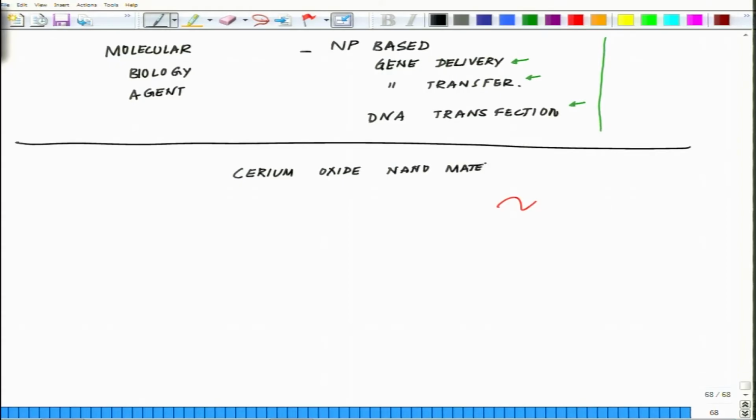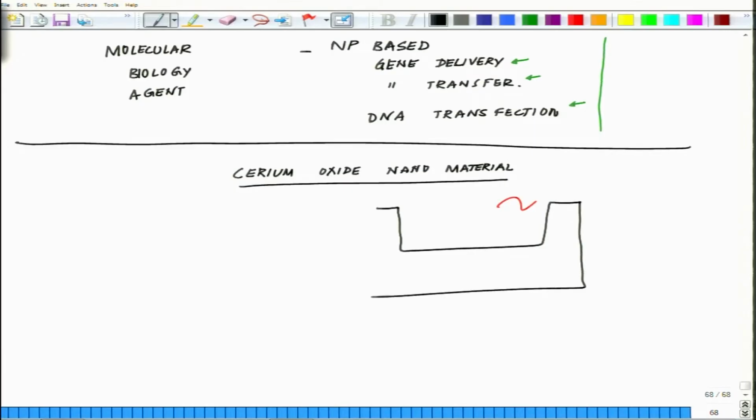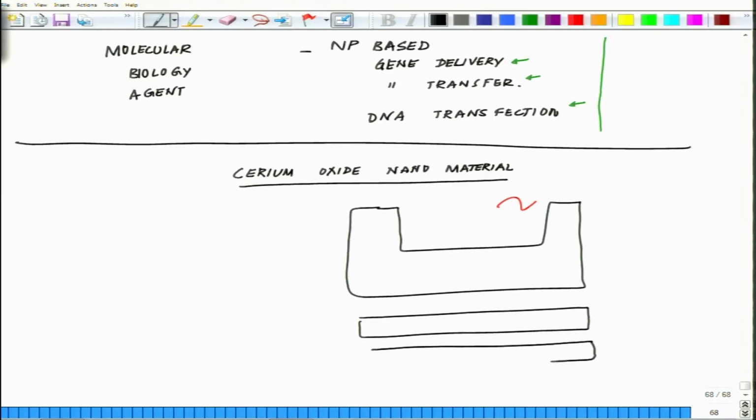Those of you who are well versed with the periodic table will know, and those who are not will remember, that if you look at the periodic table carefully, you see there are two lines underneath. One we used to call the lanthanide series, the other is the actinide series.